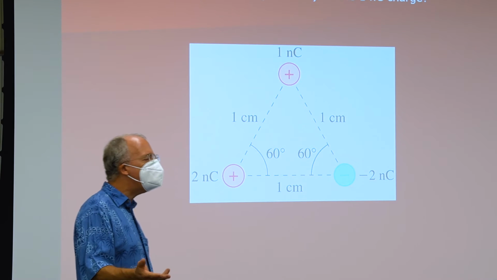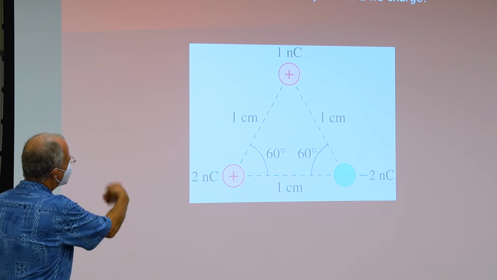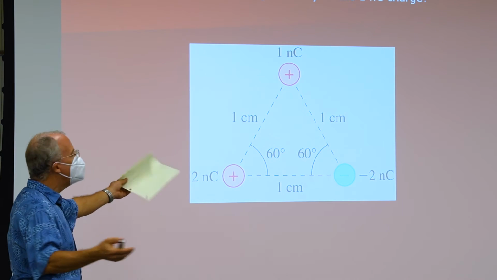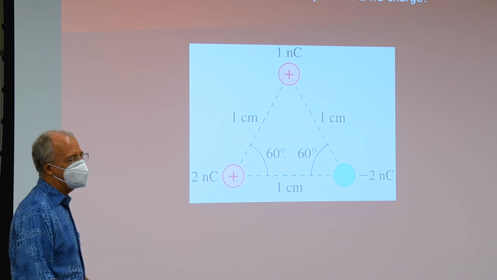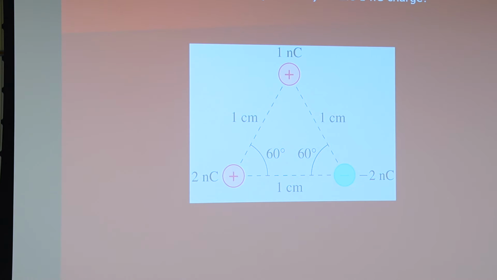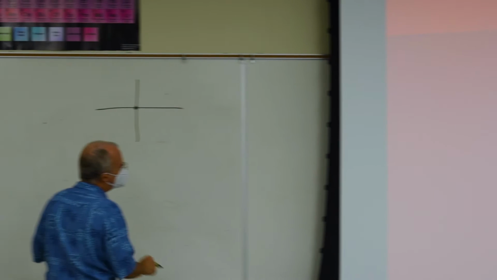So if they don't give you the masses, we're not going to use gravity. But hey, we did it on the last one though, right? They gave us 5 grams, so if they give you the mass, you've got to include gravity. All right? Okay.